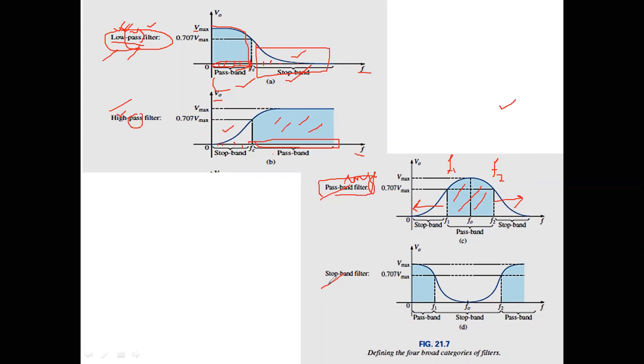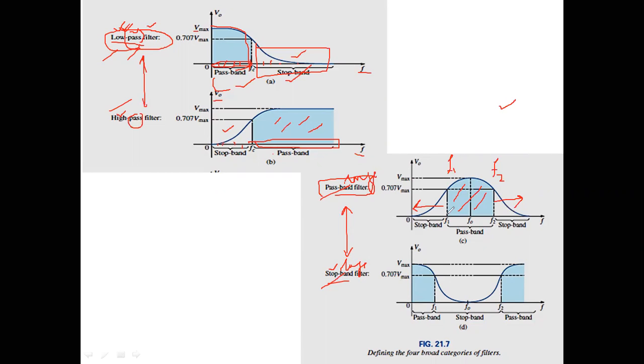And the stop band filter, as these two are the reciprocal of each other, similarly these two are also the reciprocal of each other. The stop band filter means it stops a specific range or specific band of frequencies and allows the rest of the band.